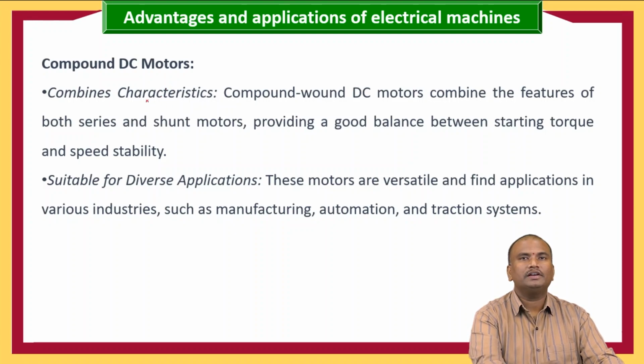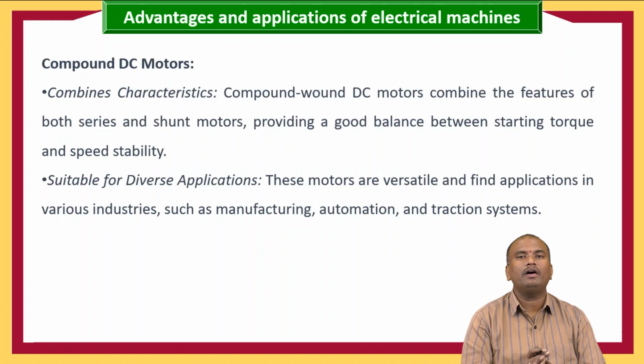And compound motors, which have combined characteristics. A compound motor has both a series field winding and a shunt field winding together. So these provide the characteristics and features of both series and shunt motors.